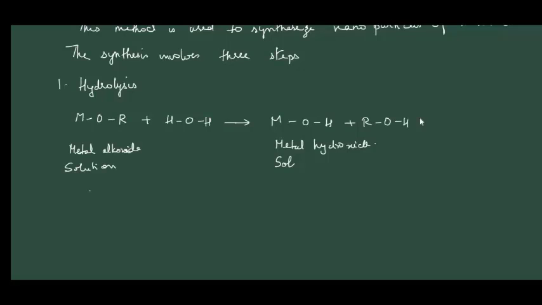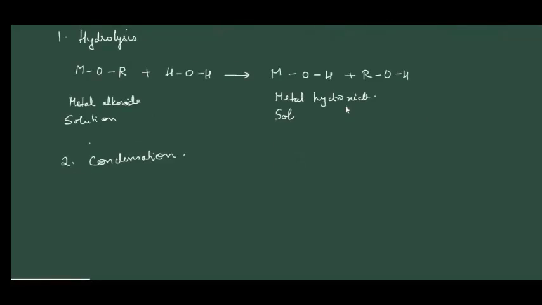And this is happening by the second process, which is the condensation. During condensation, the MOH reacts with another molecule of MOR and results in the formation of MOM bonds. And this process continues and results in the formation of a cross-linked structure.